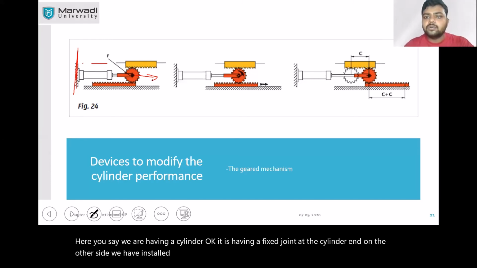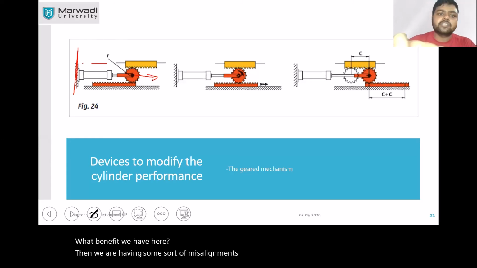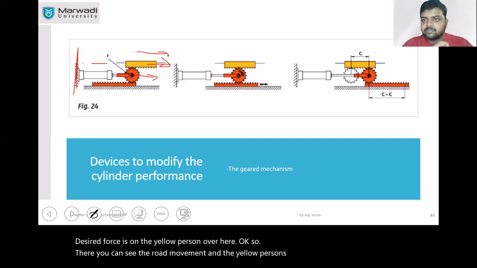So what benefit do we have here? When we have some sort of misalignment, and our desired force is on the yellow portion over here, you can see the rod movement and the yellow portion's movement are not in the same direction.